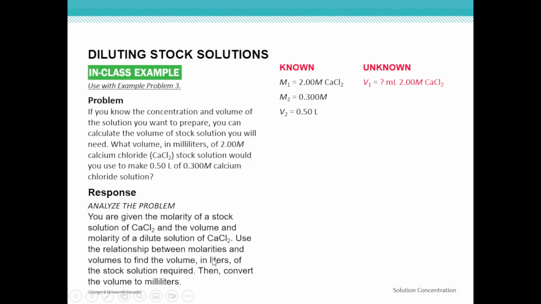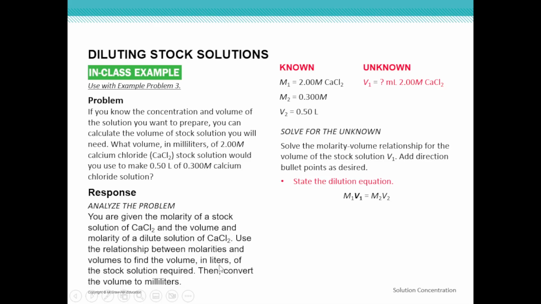So when I do this, it becomes very apparent because I have 2 molarities, and I have a volume, and I'm looking for a second volume, this is a change in equation. The only one that we have for this chapter so far is my dilution equation. C1V1, concentration 1 times V1, is equal to C2V2.